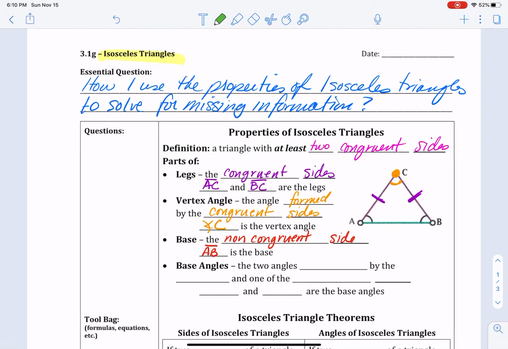The base angles are the two angles formed by the base and one of the congruent sides.